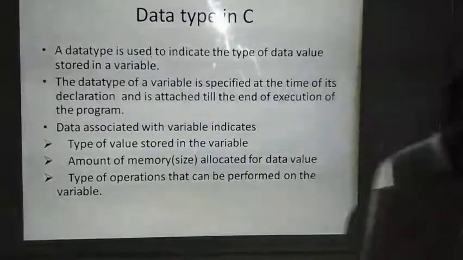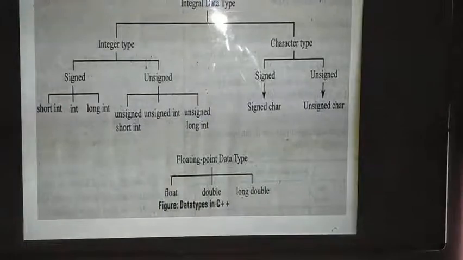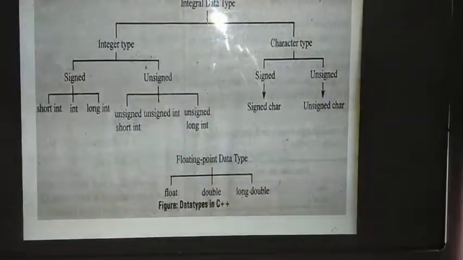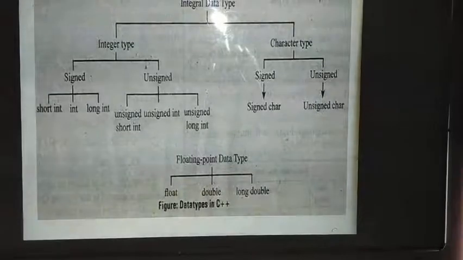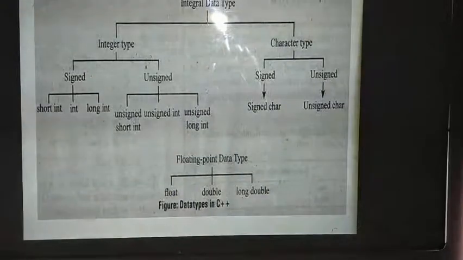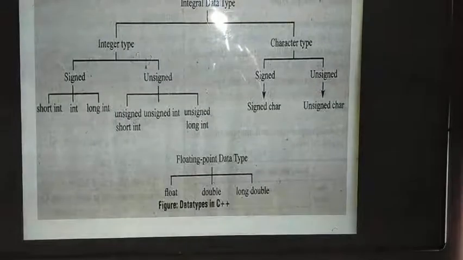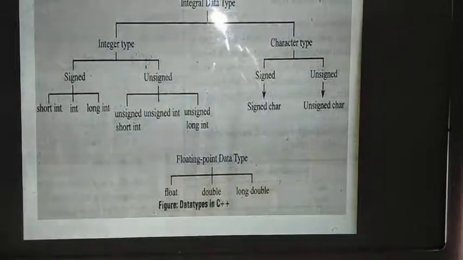Primarily, two types of data types are there. What are they?